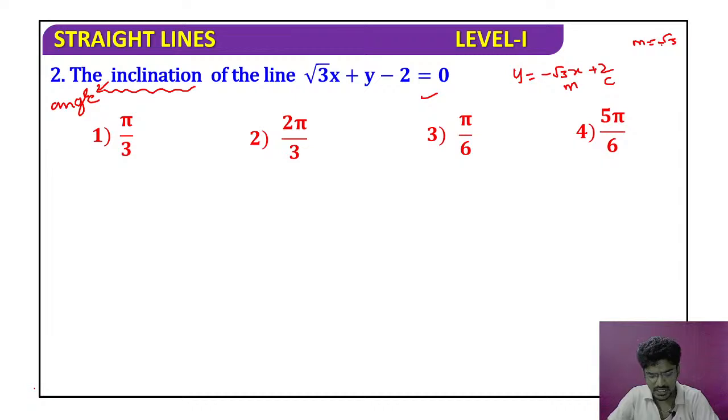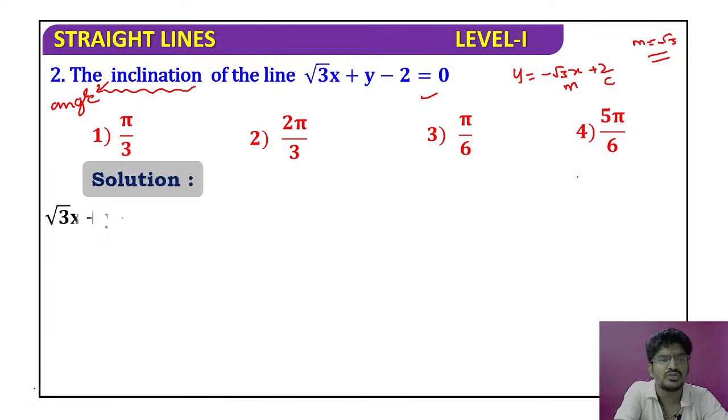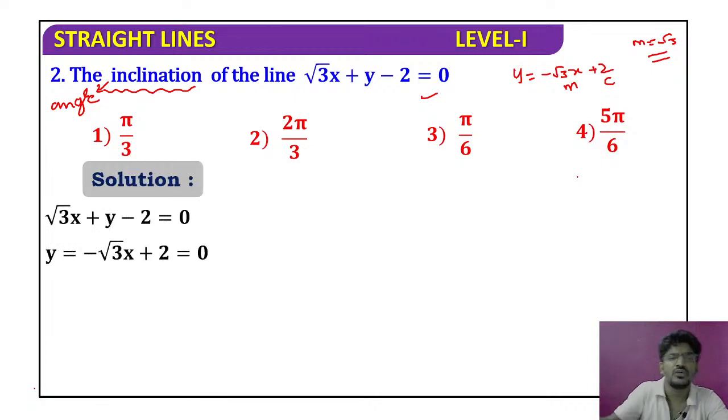If slope is equal to minus root 3, it is in second quadrant. So you can clearly identify with your slope formula. See, first you convert this to y equal to mx plus c form. That is m is minus root 3, c is plus 2.